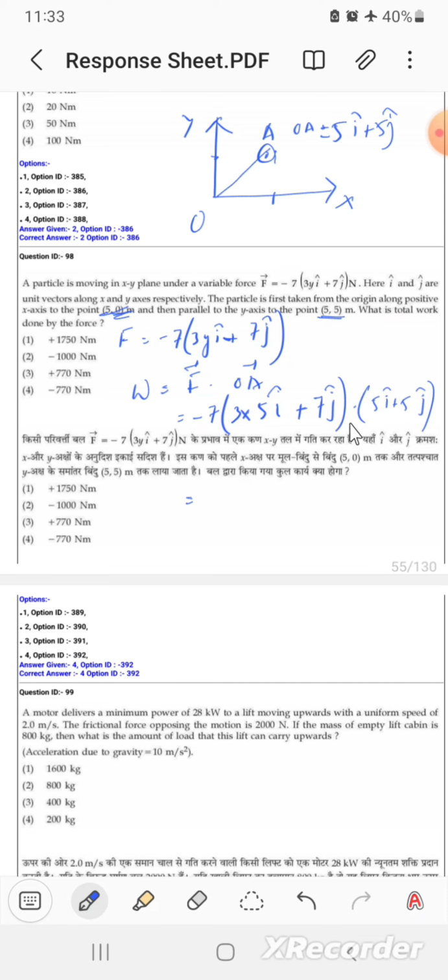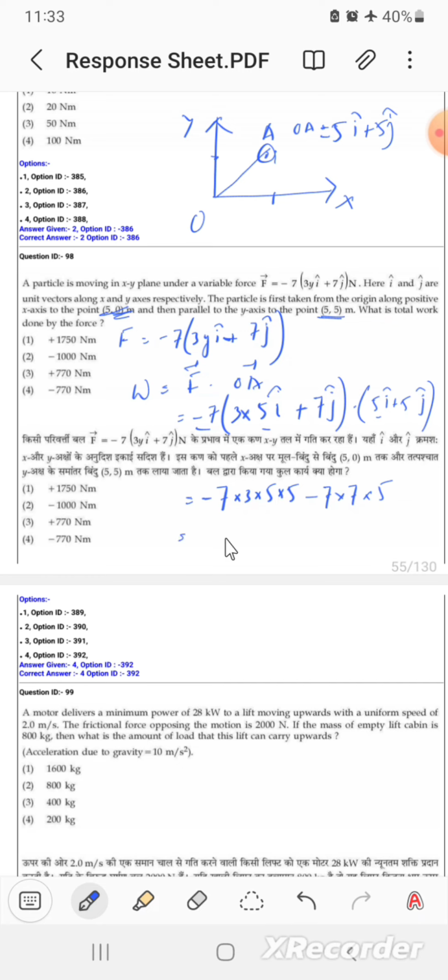If we do this dot product, i cap with i cap, multiplying with the minus 7 inside this bracket, the first term will look like this: minus 7 minus 3 into 5, into 5, and the second term will look like this: 7 into 5.